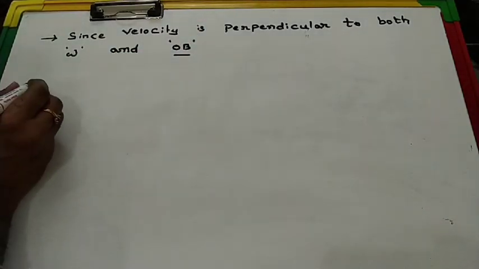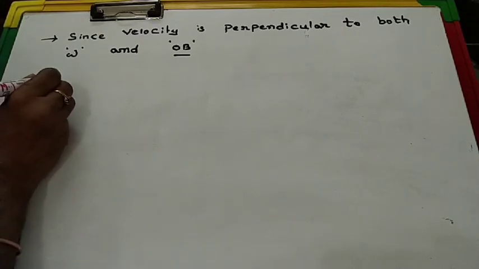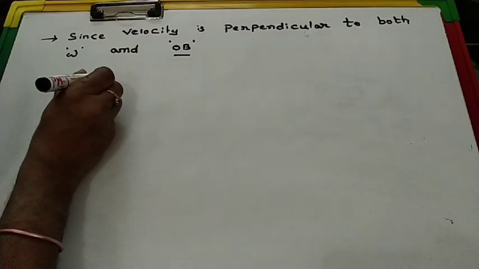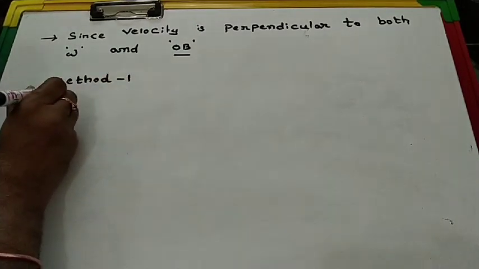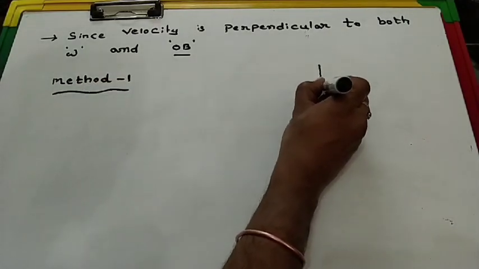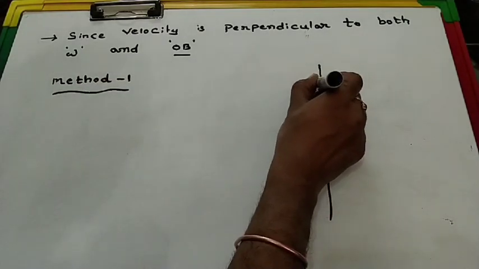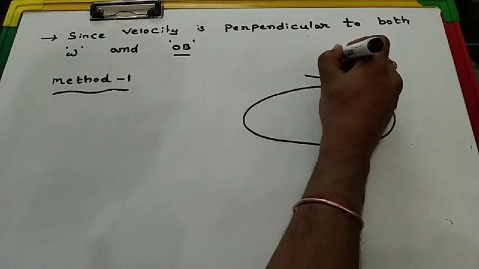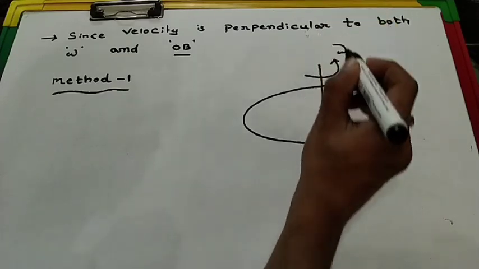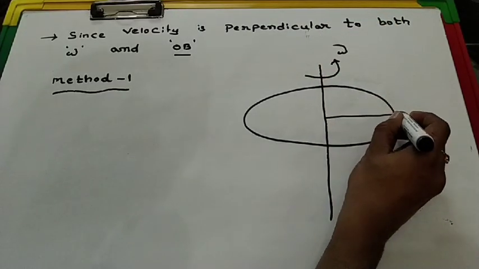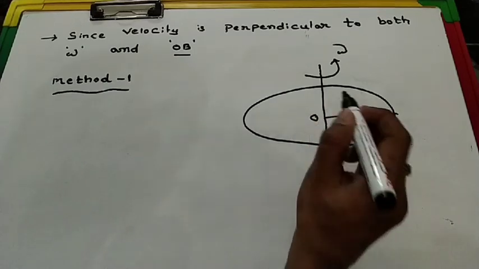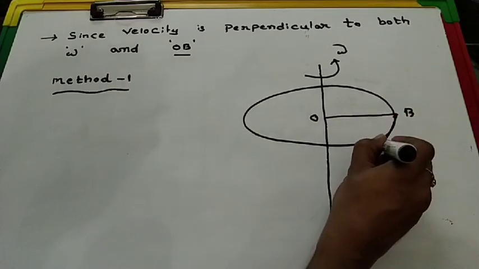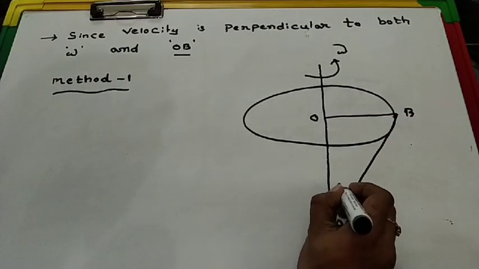Now method 1. Take a circular motion. It has angular frequency omega. This is O, A, B. This is angle theta.